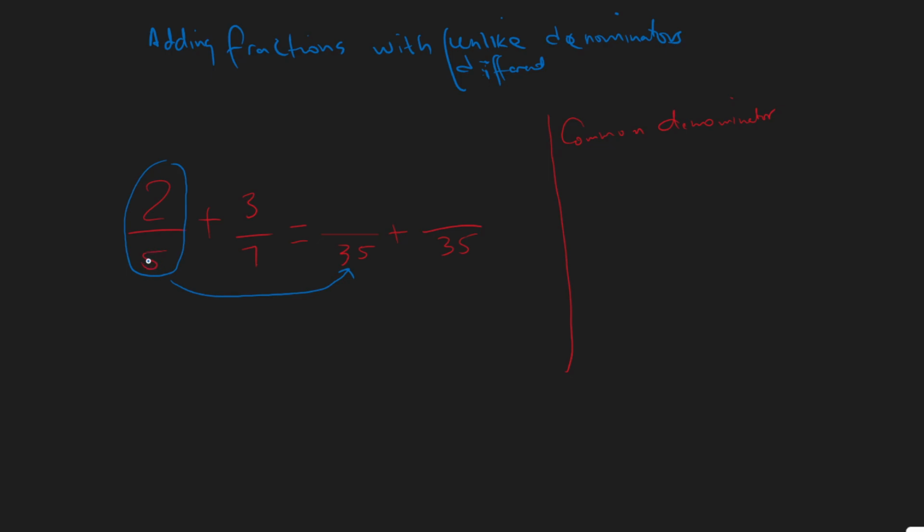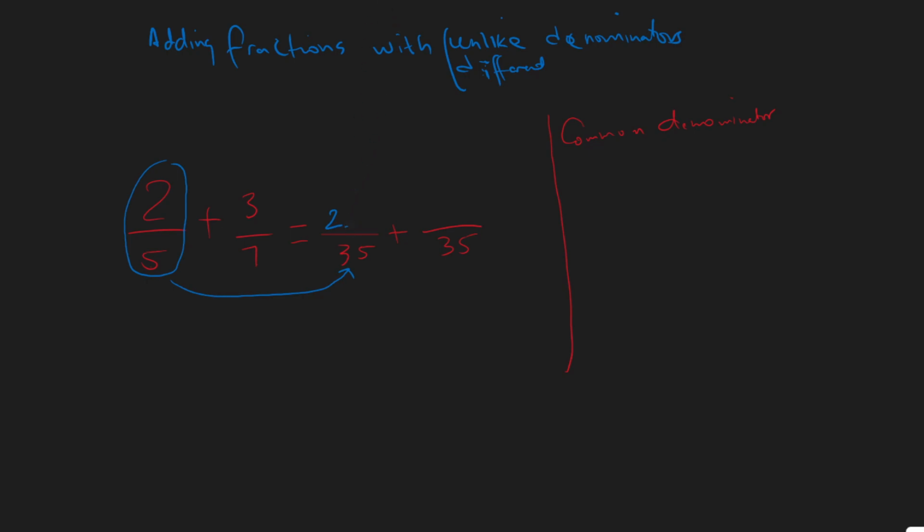You want to balance your fraction. Whatever you multiply this 5 by, you should do the same for the 2 on top. So you multiply 5 by 7, so you should multiply the 2 by 7 as well.